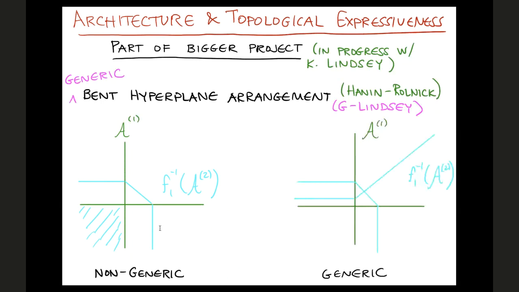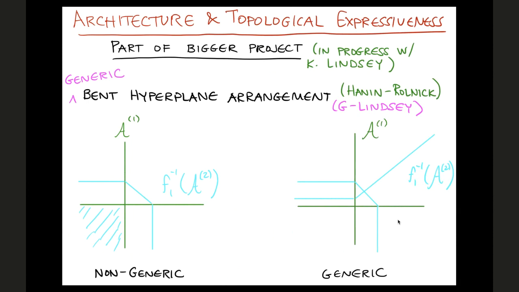This picture on the left is an example of a bent hyperplane arrangement, but where one of the hyperplanes is actually this whole negative quadrant, quadrant 3. What we're really interested in, and what they are thinking about when they think about bent hyperplane arrangements, is the generic case.